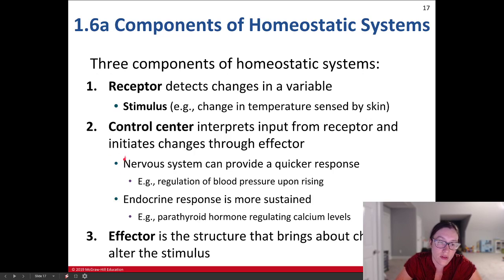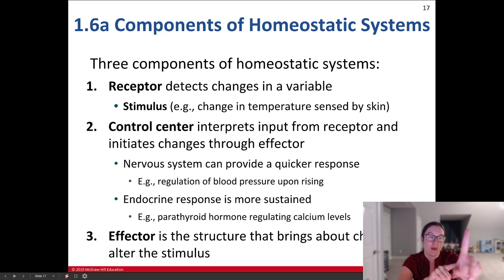So they're going to use either nerves or hormones to talk to an effector. An effector is something that's going to cause an effect. It's the structure that brings about the change to alter the stimulus. So in our body temperature example, we talked about the receptor, which is a thermoreceptor. It's a little nerve in the skin that detects temperature changes.